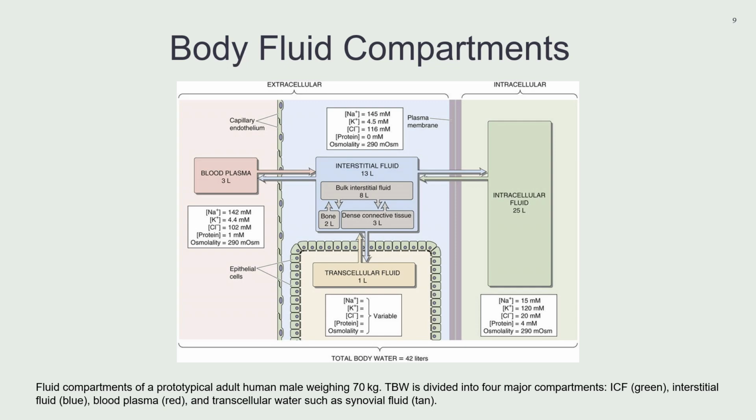And that's important because osmolality is what drives the movement of water. So for example, let's say we administer to this person a solution that contains a high amount of salt. Now we are increasing the osmolality of the plasma. What will that determine?